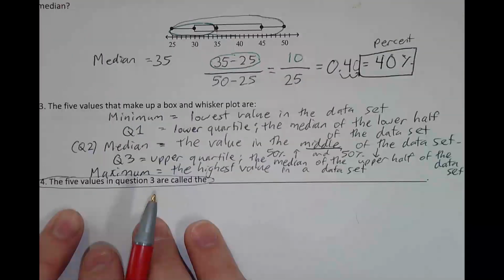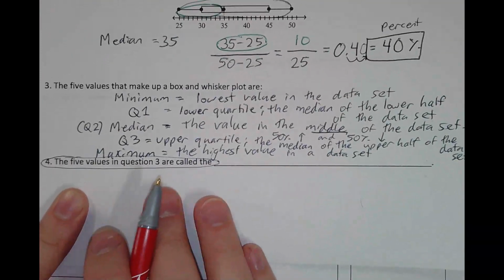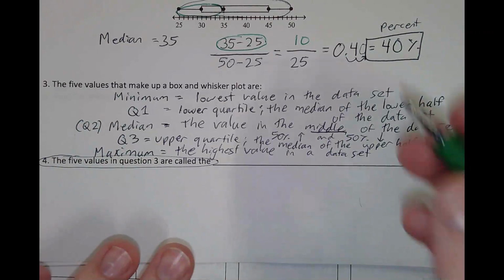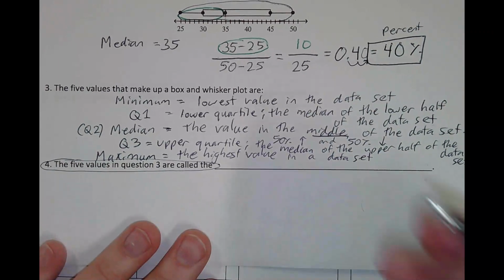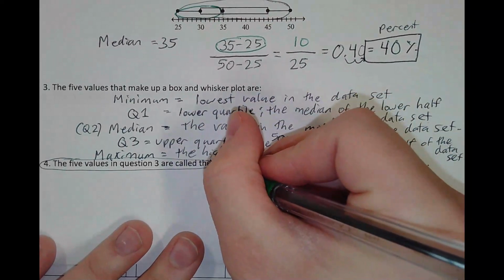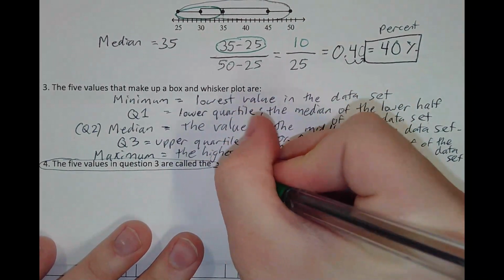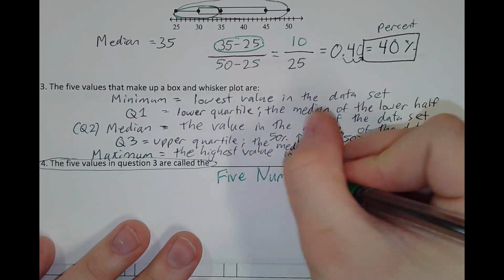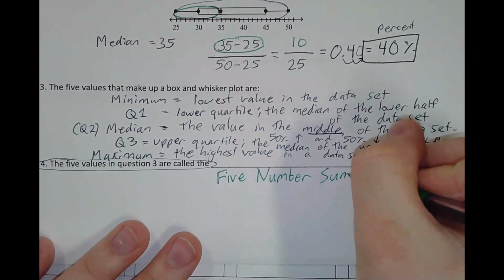So number 4 says the 5 values in question 3, these 5 right here, are called what? So if you've seen it before, you're exactly right. The answer is these 5 numbers are always called the 5-number summary.